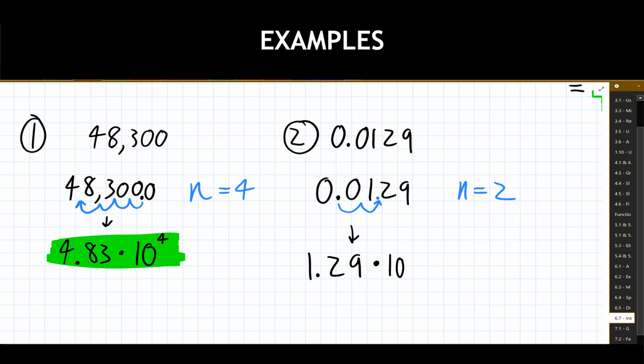And again, we do this by going back to the original number we've been given. What is this original number? It's 0.0129. This is a number between 0 and 1, meaning we're working with some form of a very small number, which means that for our final answer, we are going to have 10 to the negative second power.